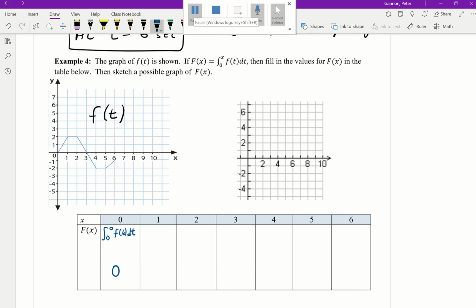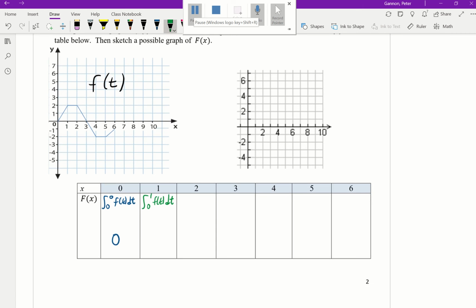If we go to find the antiderivative of f of 1, which is the next value in the table, then that means that we want to take the integral from 0 to 1 of f of t dt. To do that, we need to find the area under the curve from 0 to 1.